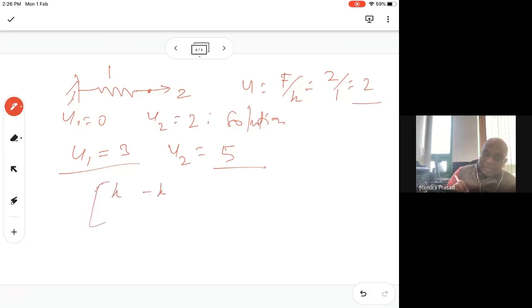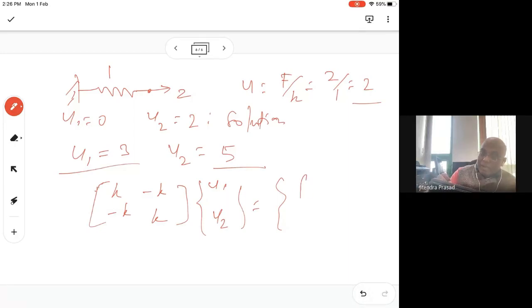Which problem? This problem: K, minus K, minus K, K, multiplied by u1 and u2, equal to 0 and 2.